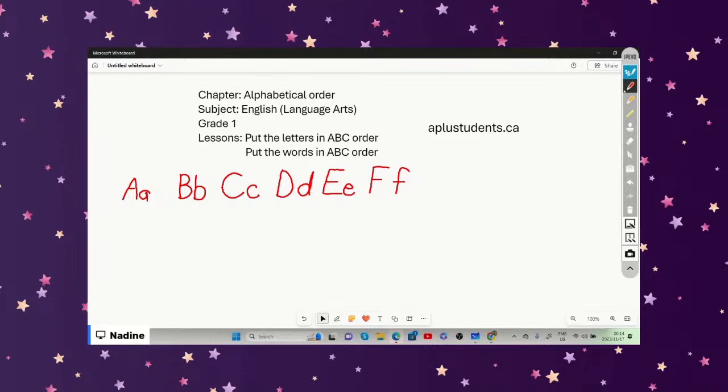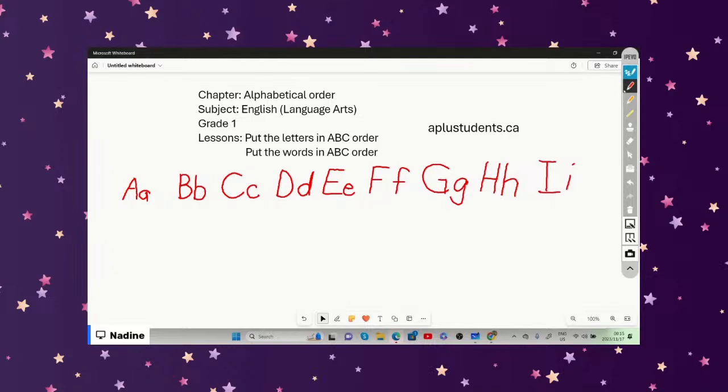So fish, or F. Then we have G, H, or H. It's almost like we're saying her, but it's H. And we have I, or another way of saying it is E, for igloo.